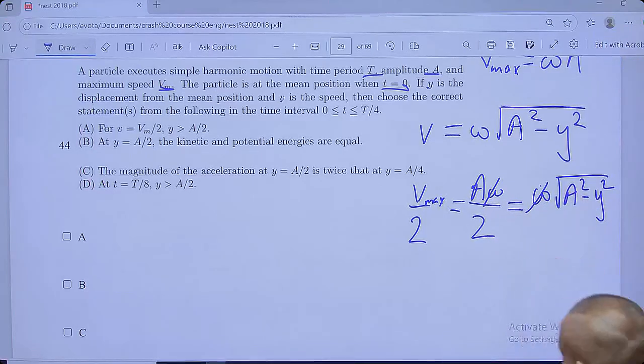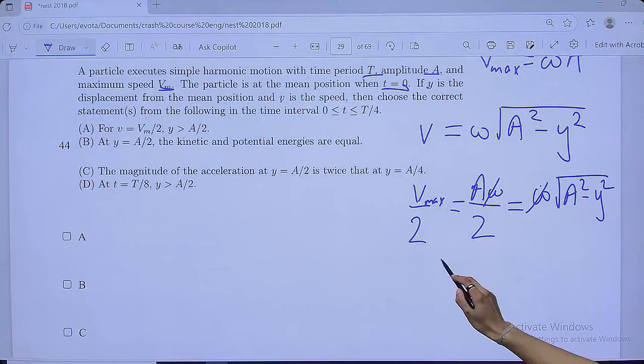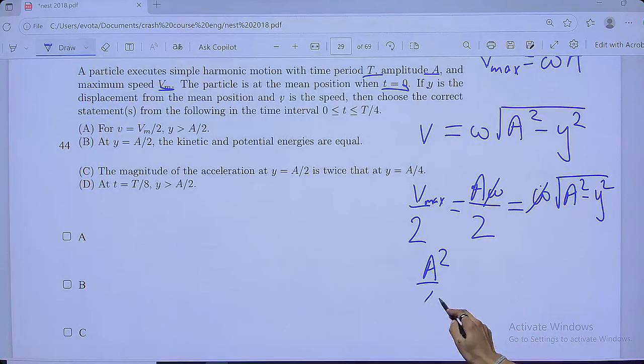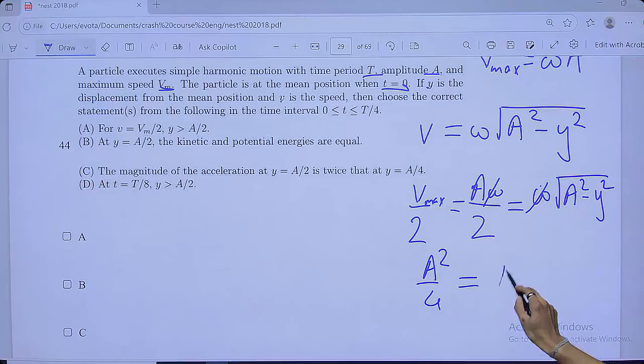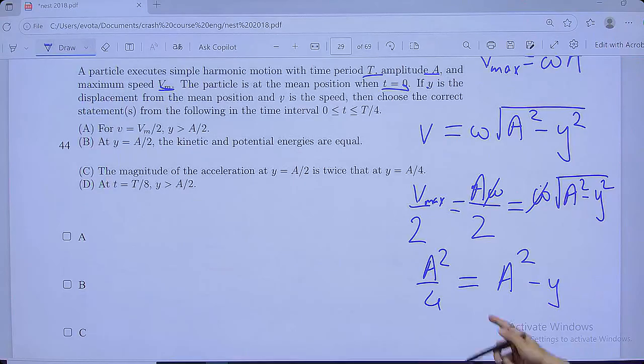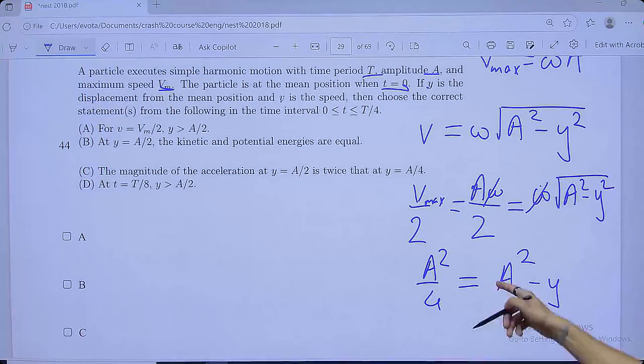Squaring both sides, we get a square by 4 should be equal to a square minus y square. This is the value of the displacement where the speed is half, right?